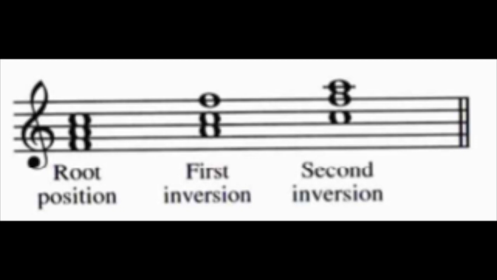So looking at that example again on the screen, we have root position as our first one, first inversion as our second one, and second inversion as our third one, as we can see here. The term inversion is used here to mean the transfer of the lowest note to some higher octave.